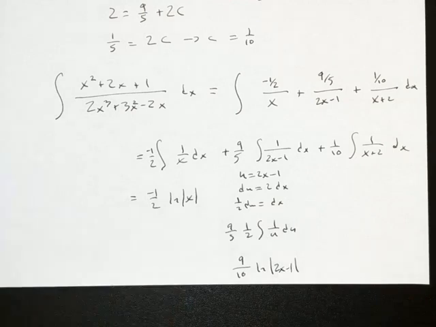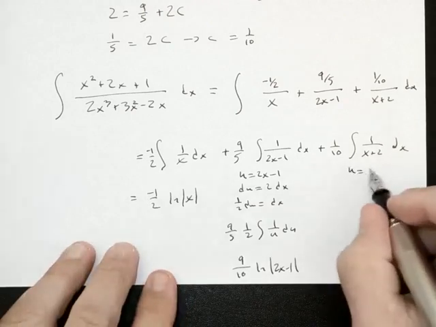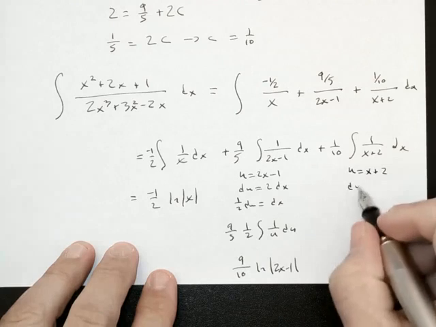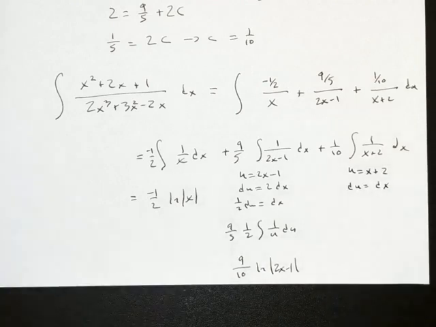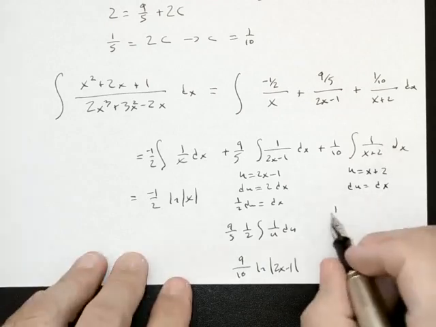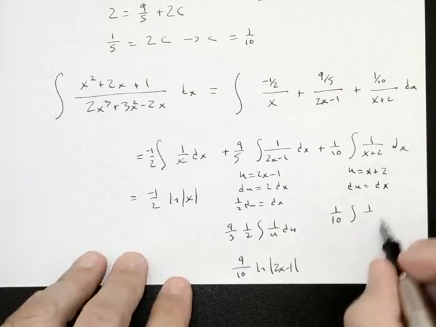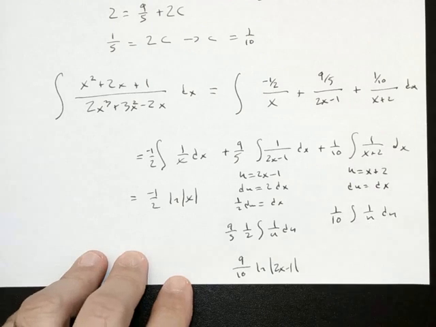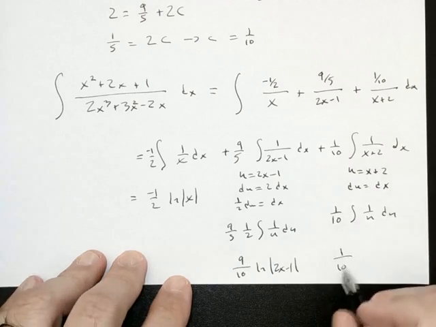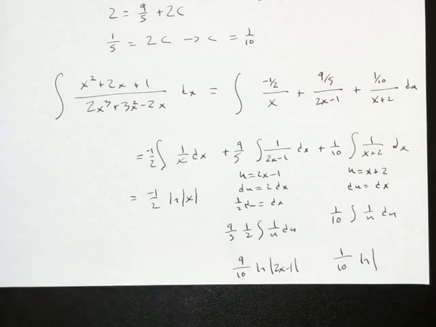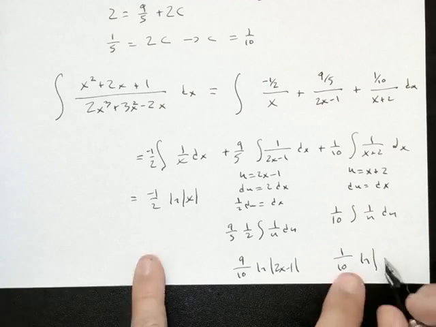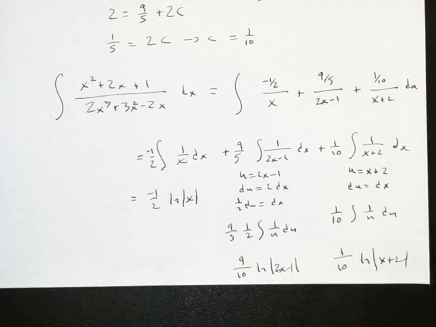Third integral is also a u substitution. U equals x plus 2, du equals 1 dx. That's nice and easy. So this becomes the integral 1/10, integral 1 over u du. So I get 1/10 ln of x plus 2.